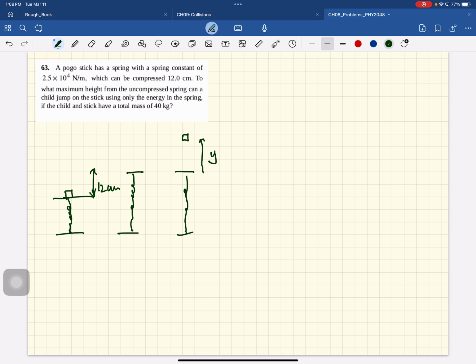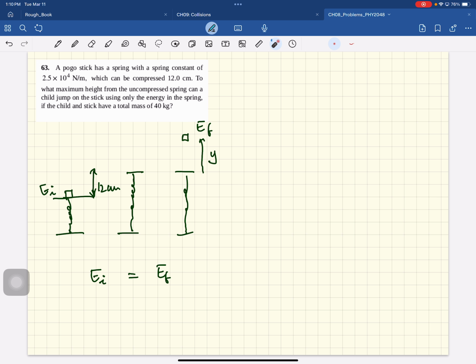Again, there are two conservative forces acting, the spring force and gravity. So like we said before, when only conservative forces act, mechanical energy is conserved. At these two points, kinetic energy is 0. We'll take this point to be y equal to 0, and this is y final.